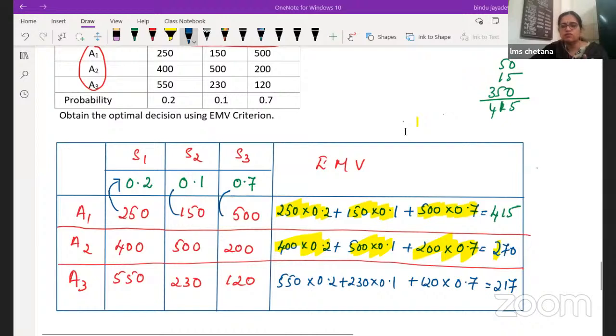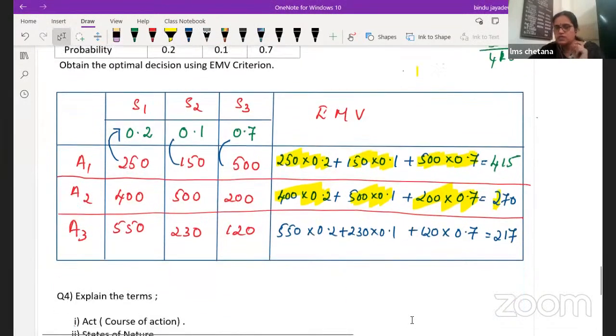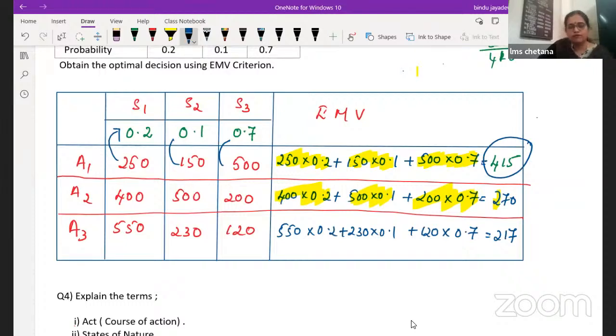Now after this, what are you going to do? See here, EMV is expected monetary value. That means we always need to make it maximum. Here, which is maximum? 415, 270, 217. Maximum is 415. Which course of action? A1. Therefore, write down here: maximum EMV equal to 415 for course of action A1.